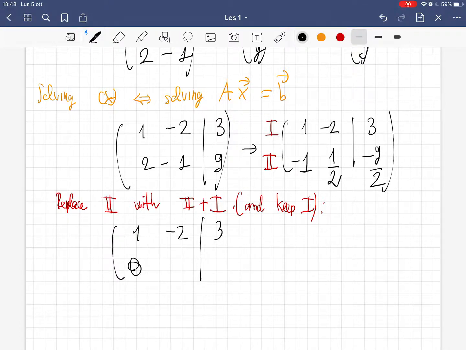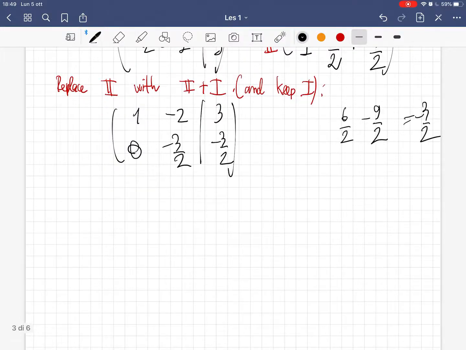Yes, it's correct. Sorry. Minus 3 over 2, I think. And here, what you get is 3 plus this thing. So 3 you can view as 6 over 2 minus 9 over 2, which is again minus 3 over 2. These are just computations.